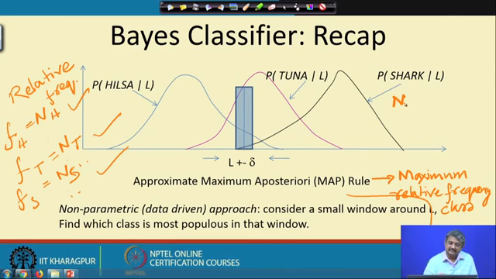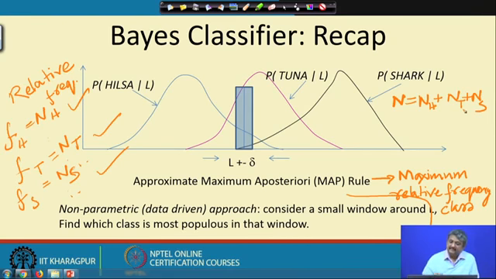So, n training examples fall in L minus delta to L plus delta, and out of this n, NH are Hilsa, NT are tuna, and NS are shark.